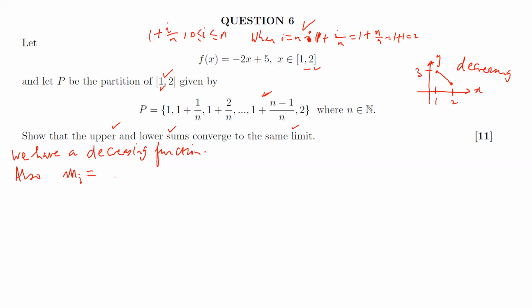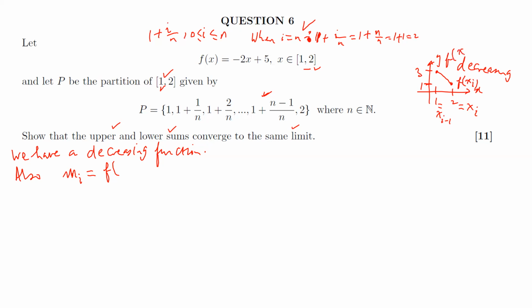Right, so the infimum, small m. So if the function is decreasing, this one is like an xi minus 1 relative to this one, which is an xi. So the one before is xi minus 1, and the one after is xi. So this one is f(xi).